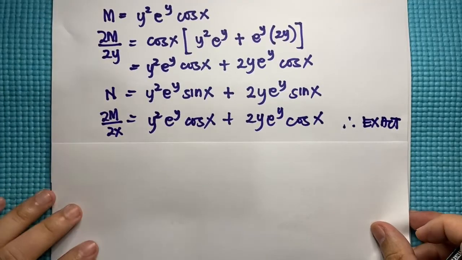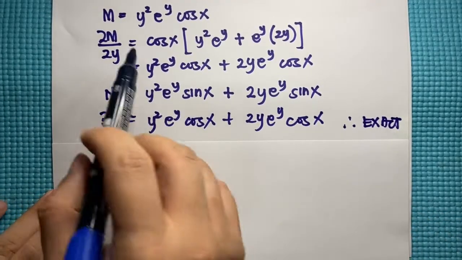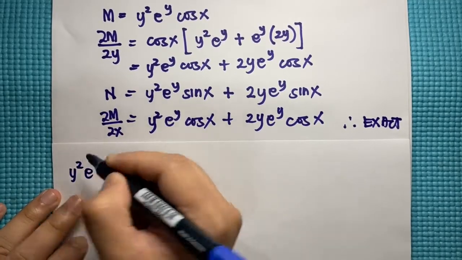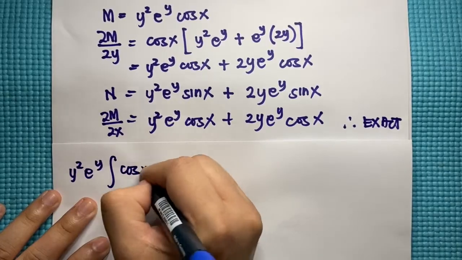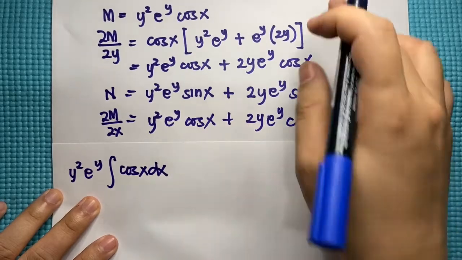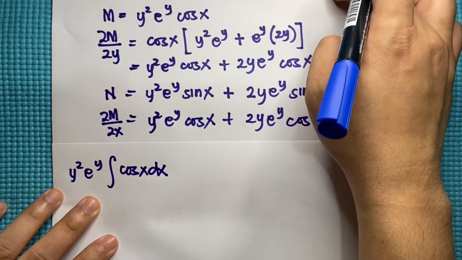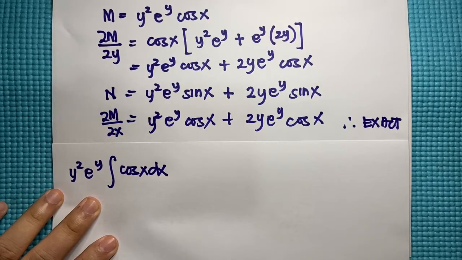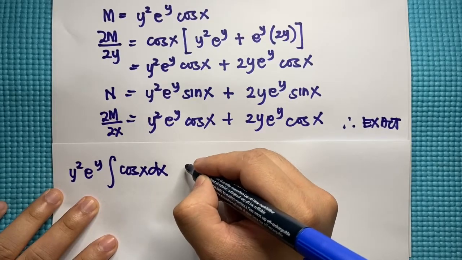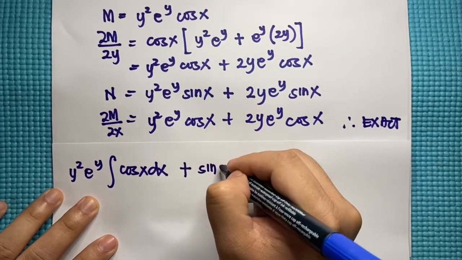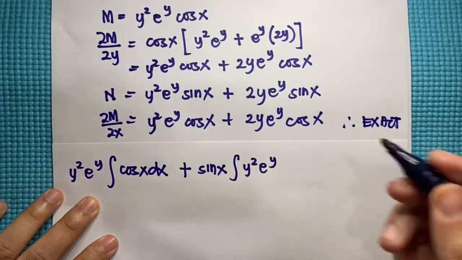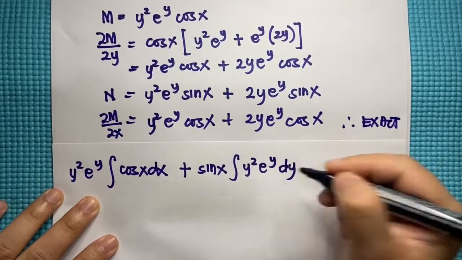So for our method of grouping, on our first term, we'll have y squared e raised to y, the integral of cosine x dx. And then for our second term, that is dy. So I'll have sine x, plus sine x, and then the integral of y squared e raised to y dy.